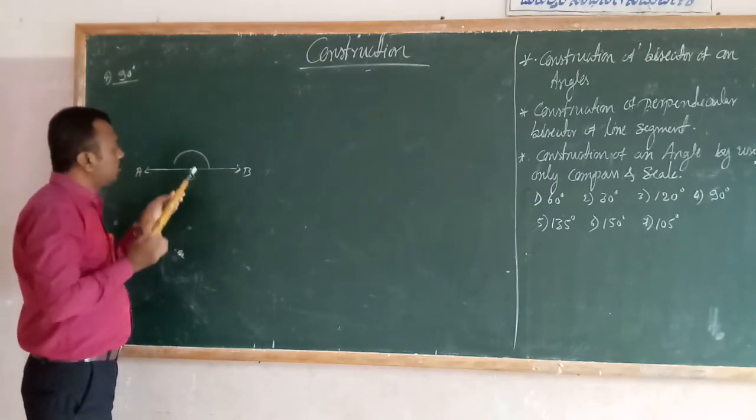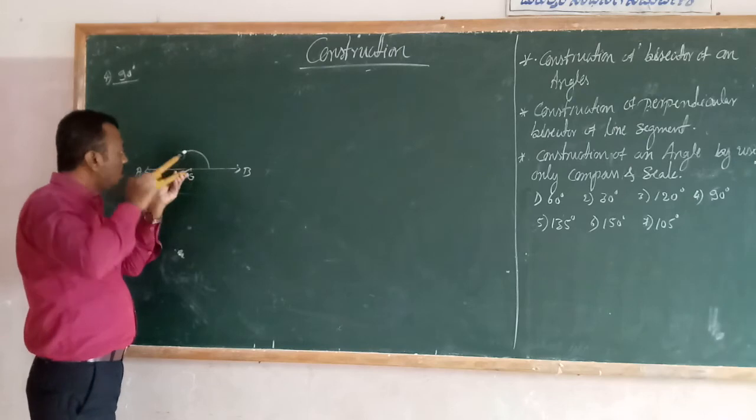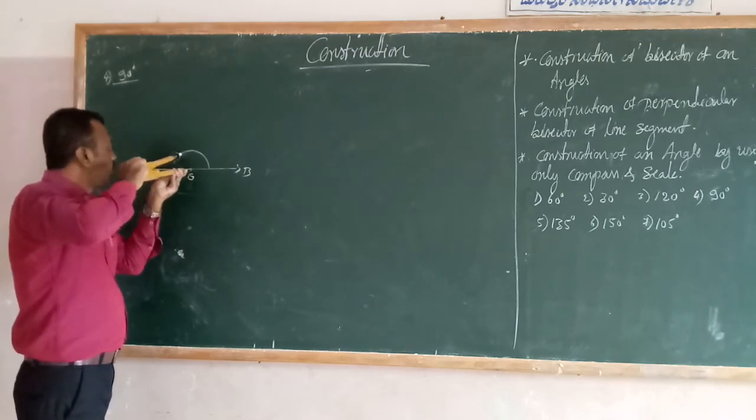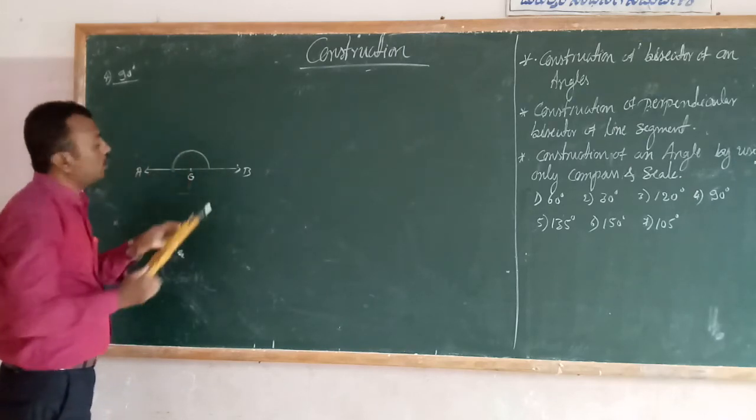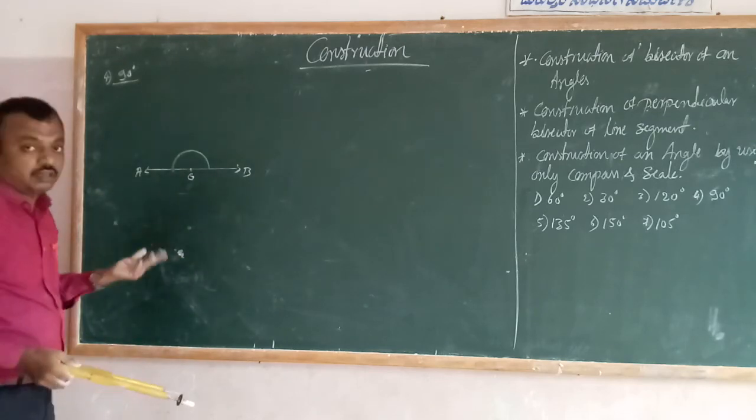Okay, so now this arc, you can draw as a semicircle.